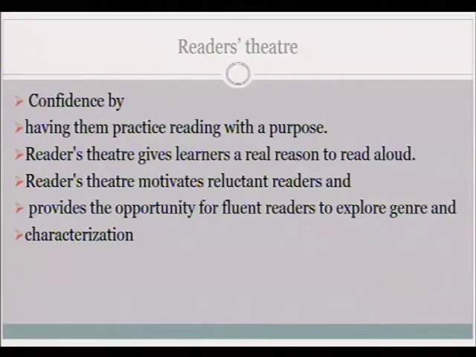Those that are reluctant, those that are shy to read, may be motivated by readers' theater. Those that are strong readers may have an opportunity to explore the type of text they're reading and characterization. For example, if it's a female character, they use a female voice. If it's a male character, they use a deep voice.